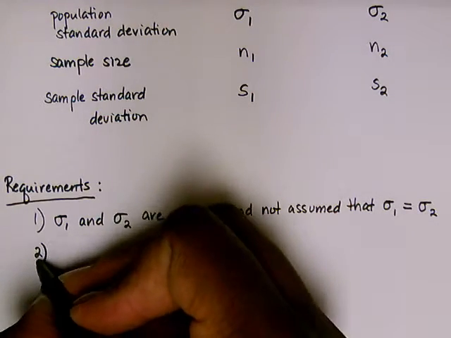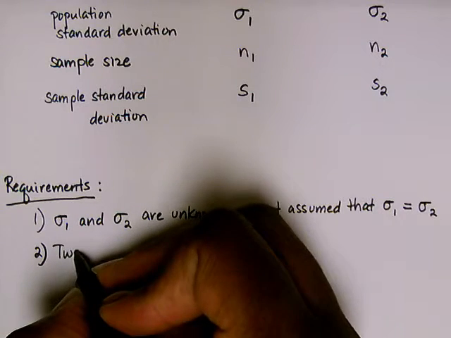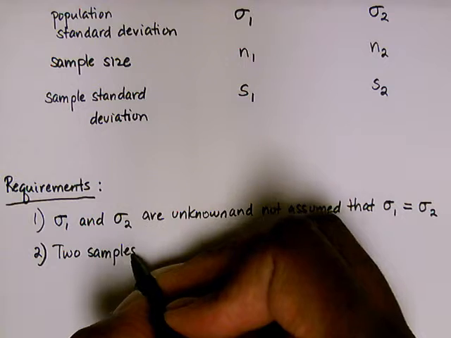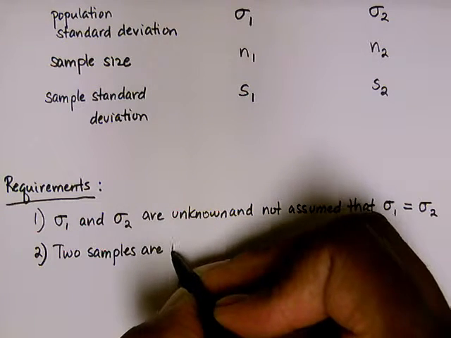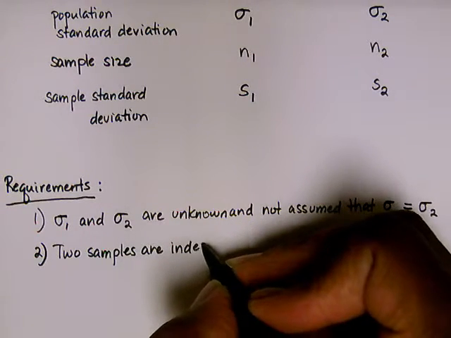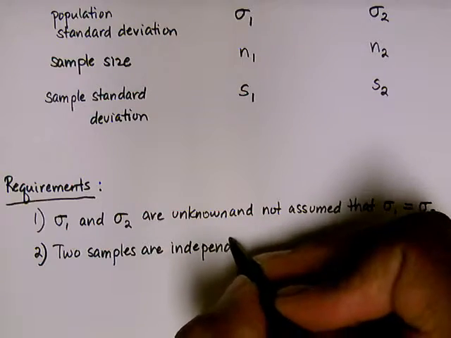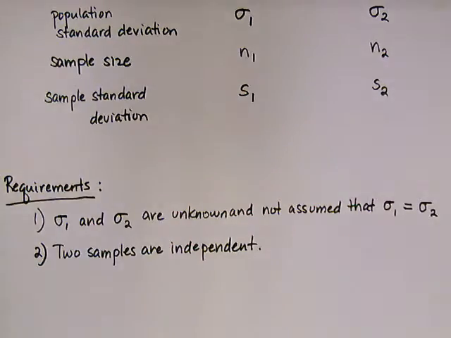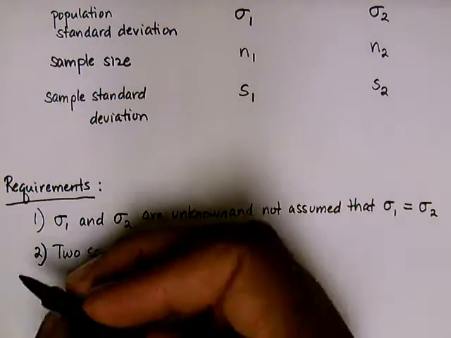The second requirement is this: the two samples are independent. I've already defined what independent means, that the sample from the first population has no relationship with the sample from the second population.